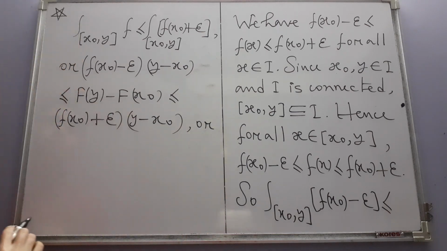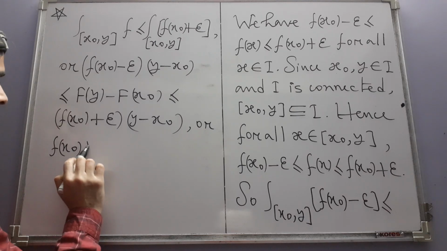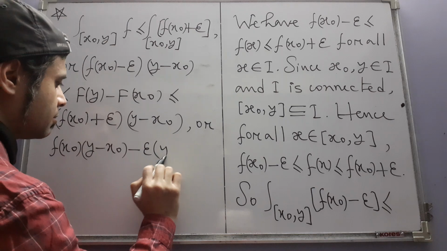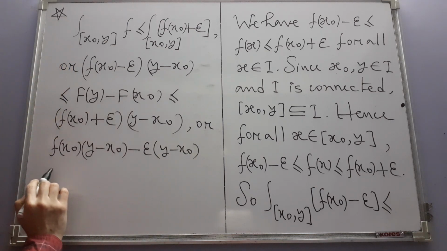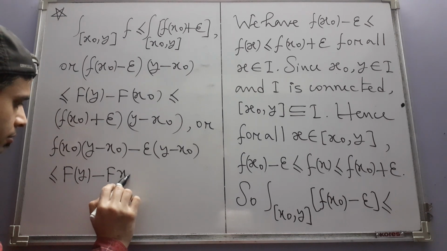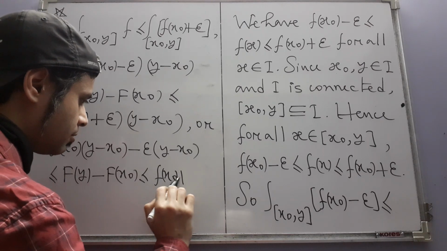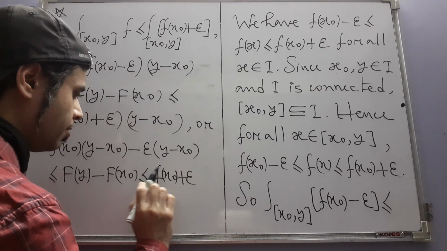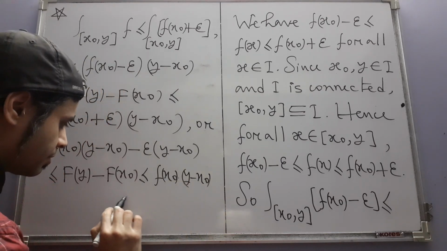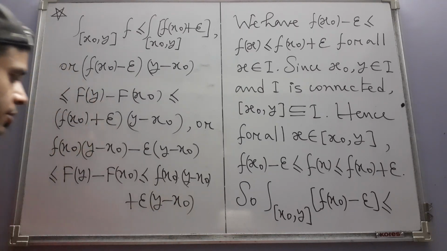Or, so let us now just do the multiplication. That will make things a little more clear. Minus epsilon times y minus x naught, which is less than or equal to f of x naught plus epsilon, I am doing multiplication, times y minus x naught plus epsilon times y minus x naught.